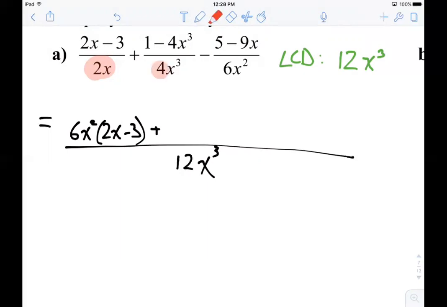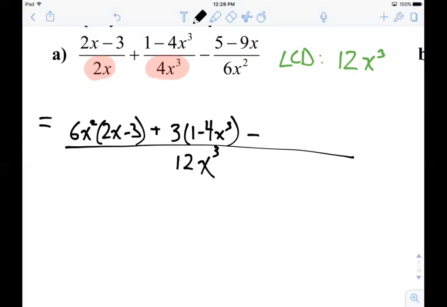A denominator of 4x cubed could just be multiplied by the number 3, and that will get us to our common denominator. So I have to multiply that numerator by 3 as well. So I stick a 3 in front, and I put that 1 minus 4x cubed part in its own little bracket. And now I'm going to subtract some modified version of my final numerator.